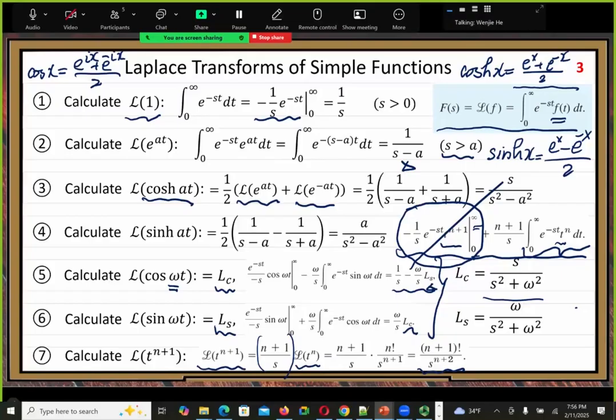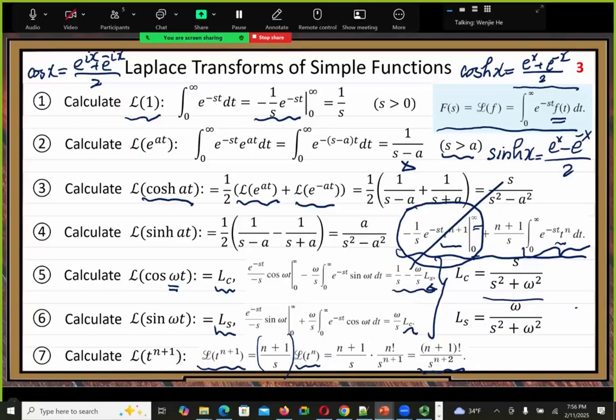Now you can see with these formulas, although there are many more, these basic formulas are the most commonly used Laplace transforms, so we can solve a large number of ODE problems. I think we will run out of time soon.